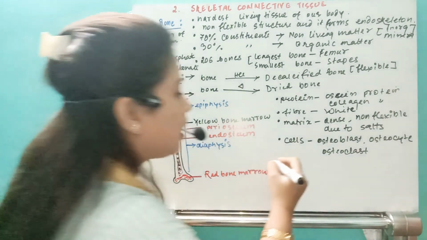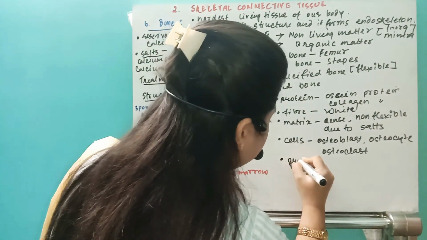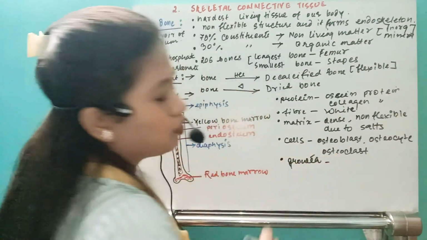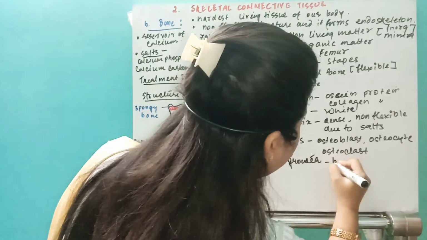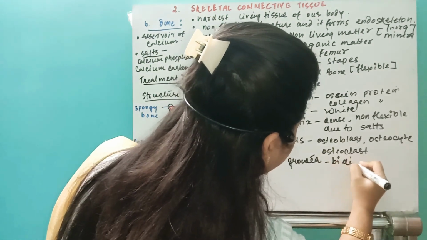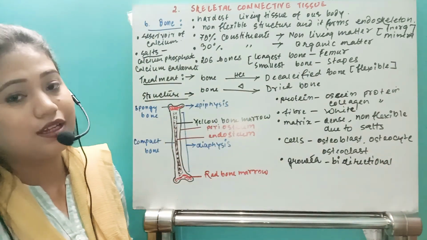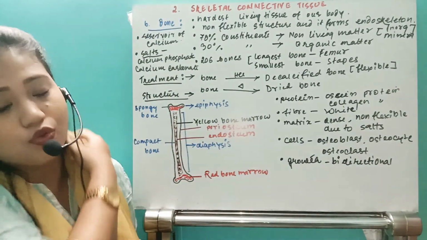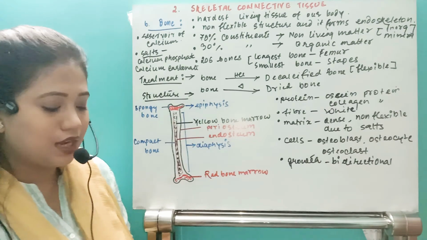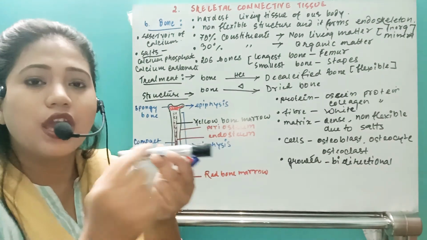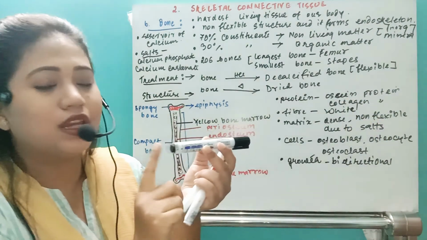Next one, if it comes to the growth, right? Then it is bidirectional. Okay, so this is one difference from cartilage, that cartilage growth is unidirectional. That means if this is the cartilage, it can grow in only one direction, and not in this direction.